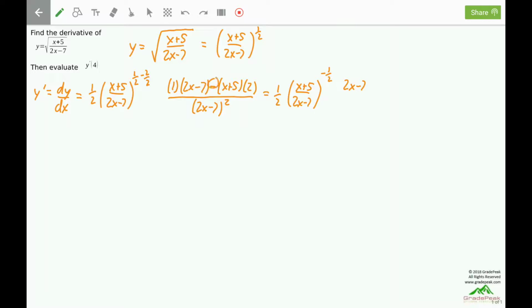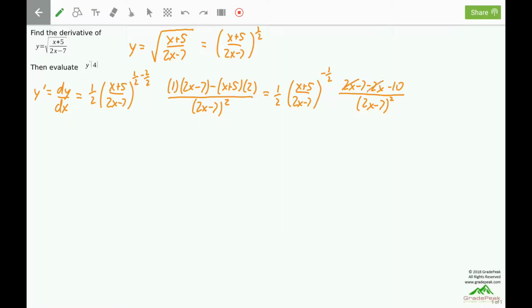And I'm going to distribute the negative and the 2 into the x plus 5. And that will give us a negative 2x and a negative 10. All of this divided by (2x minus 7) squared.